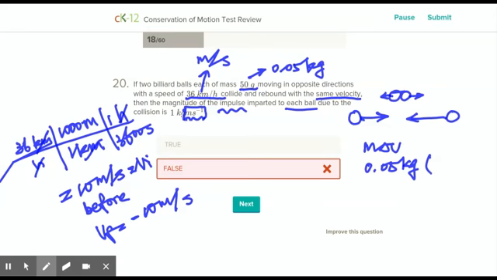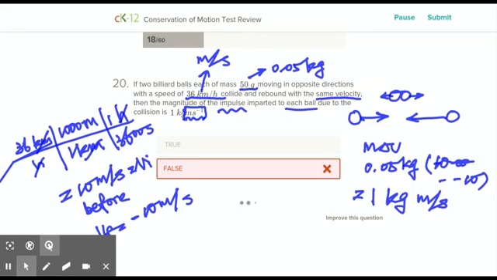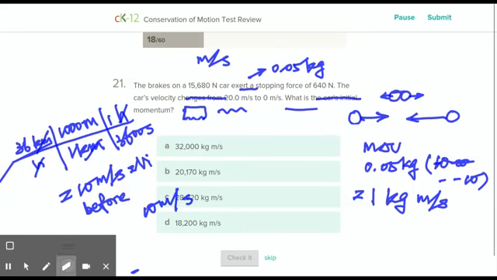And when you calculate delta v, it's 10 minus negative 10, which is plus 10. So you will get 1 kilogram meter per second. So this is true, right?